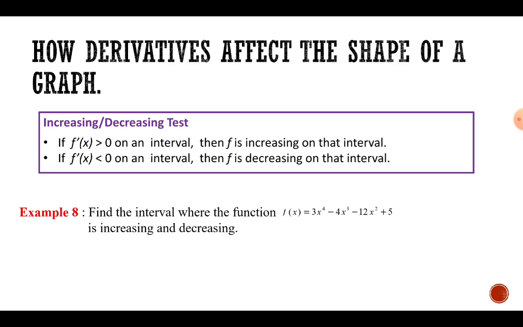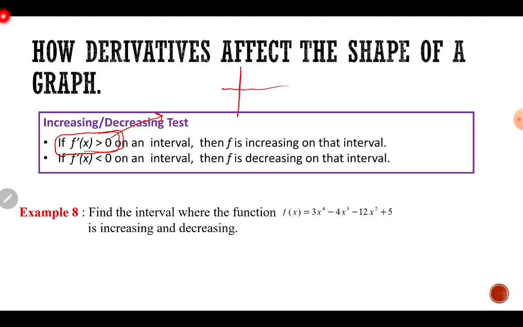Okay, increasing and decreasing test. Kita punya f prime x ni, kalau dia more than 0, so maknanya dia punya f prime x ni kan slope, slope of a graph. So kalaulah f prime x kita ni is more than 0, it indicates that the graph is increasing.